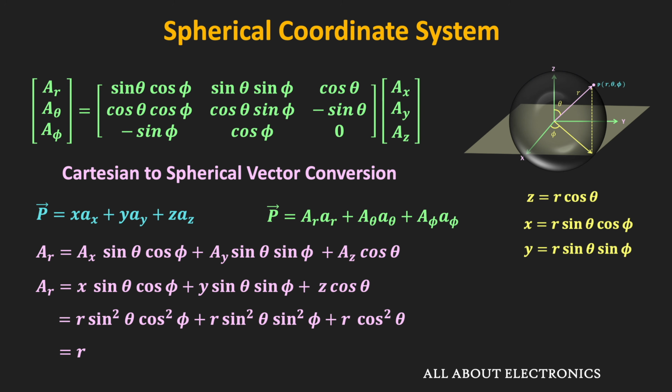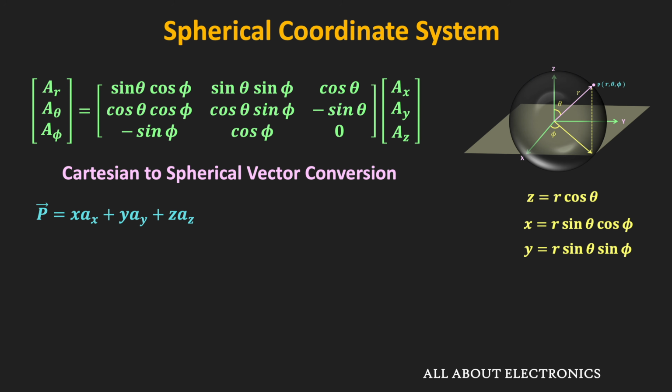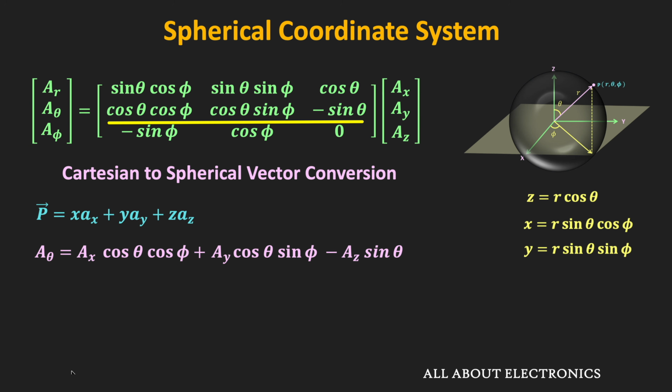Similarly, now let us also find Aθ. As per this expression, Aθ can be given as AX cos θ cos φ plus AY cos θ sin φ, and the third term will be equal to minus AZ sin θ.